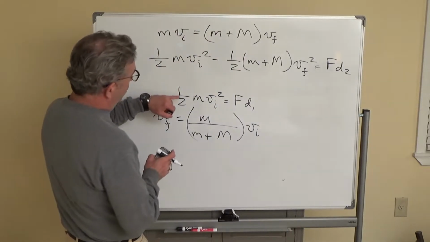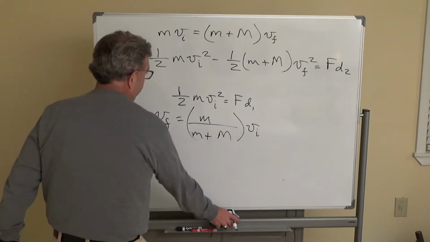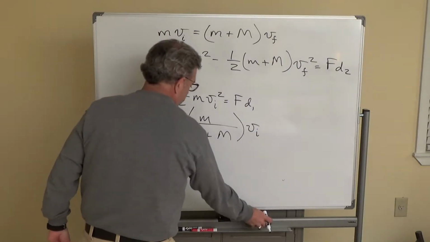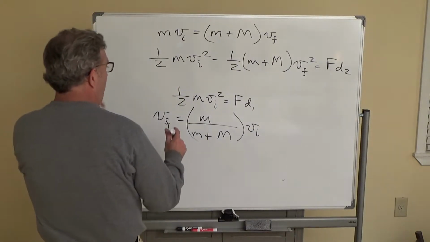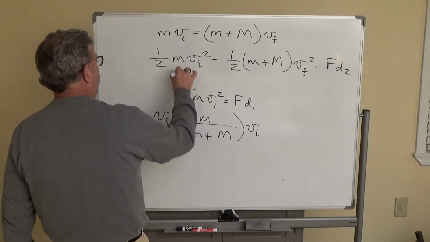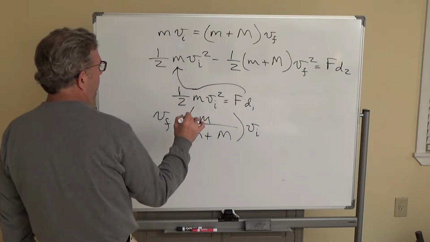Okay? 1/2 m V initial squared is F D1. So I'll write it down here. I'm substituting here. This is F D1.